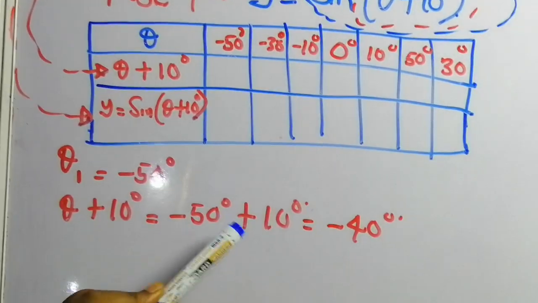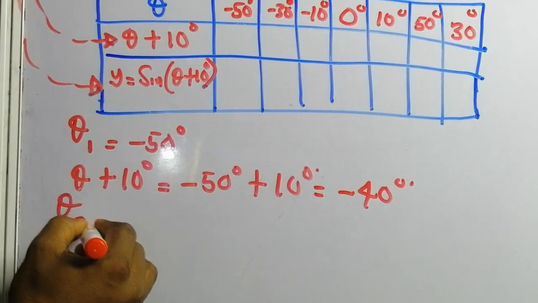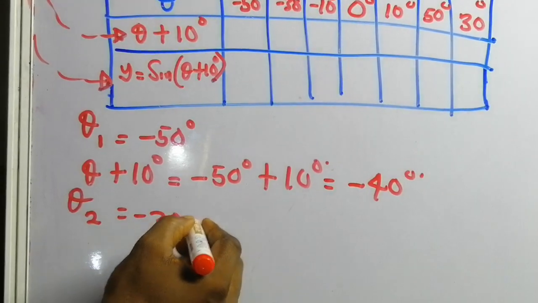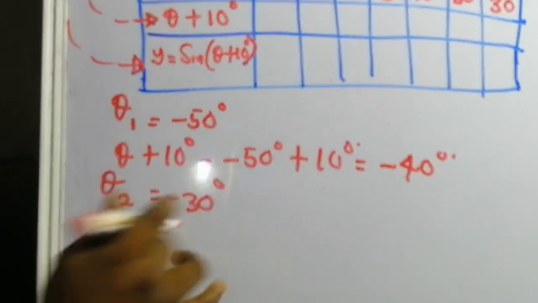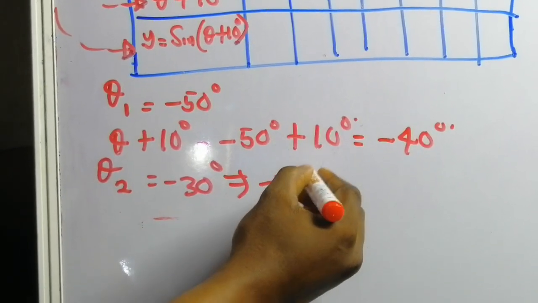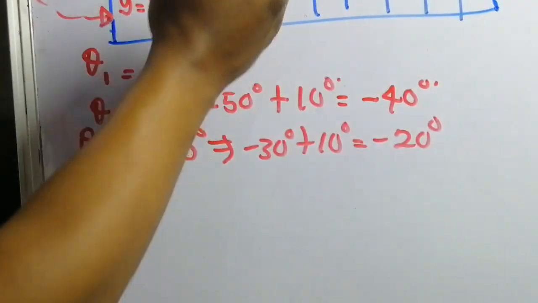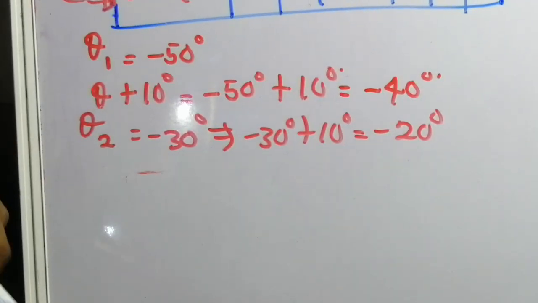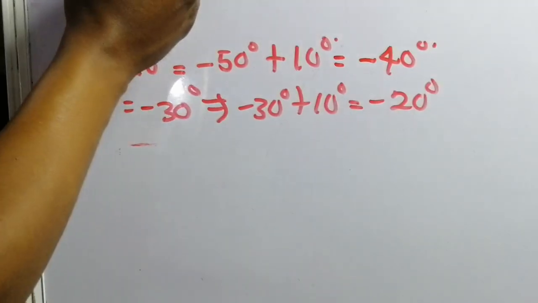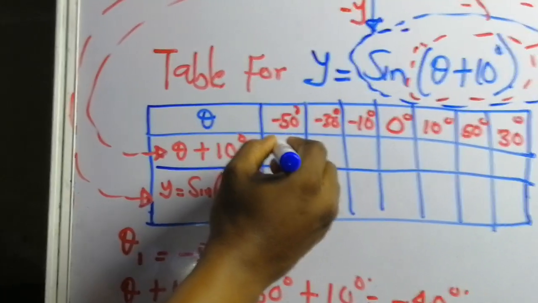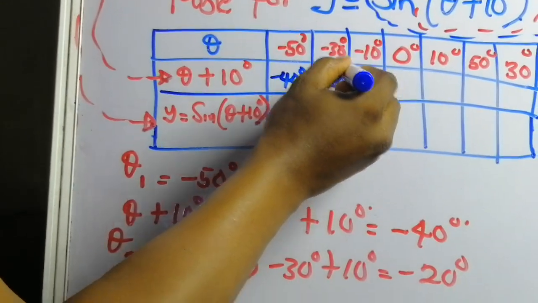When theta 2 is equal to minus 30, I have minus 30 degree plus 10 degree, so that will give me minus 20 degree. So I have minus 20 degree here.